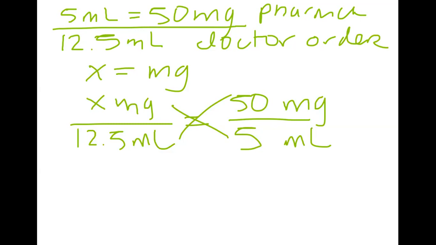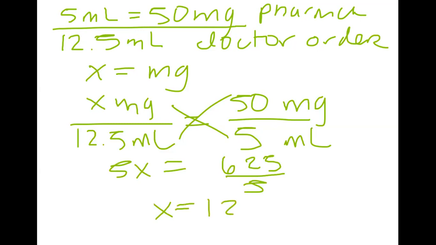And so 5x is equal to 12.5 times 50, which is 625, divided by 5. X is equal to 125 milligrams. Okay, so that's number 21.